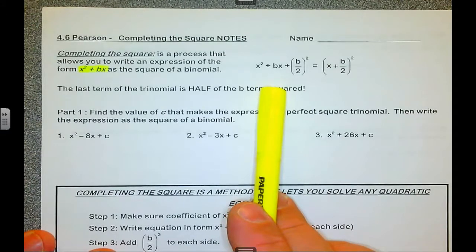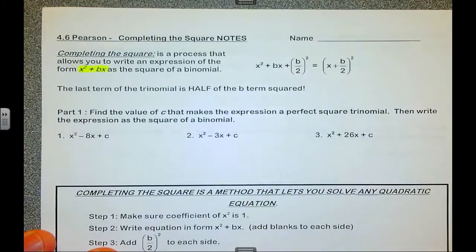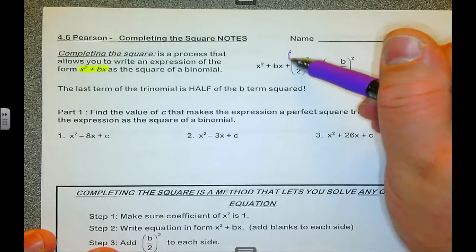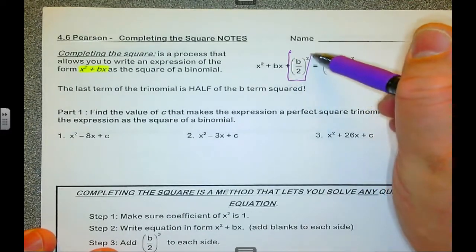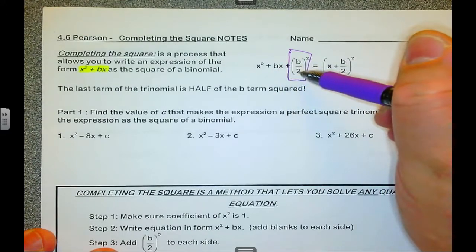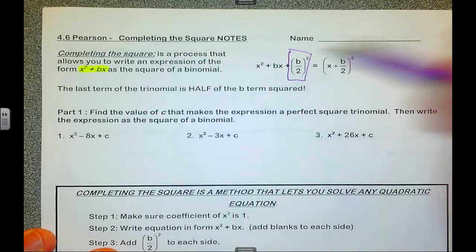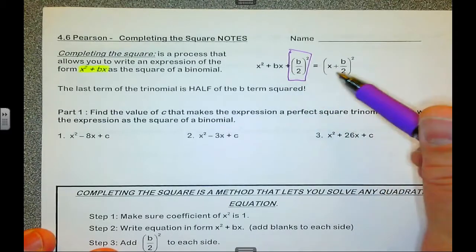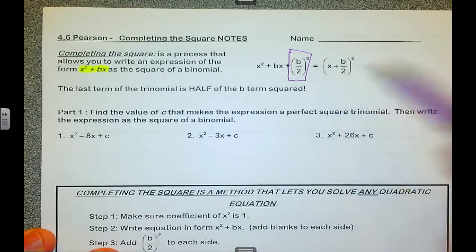We can factor it. To do that, we're going to use this little formula: take b, the coefficient of our x, divide it by 2, and then square it. And we're going to add it to this side of the equation, which means we're going to have to add it to this side of the equation.